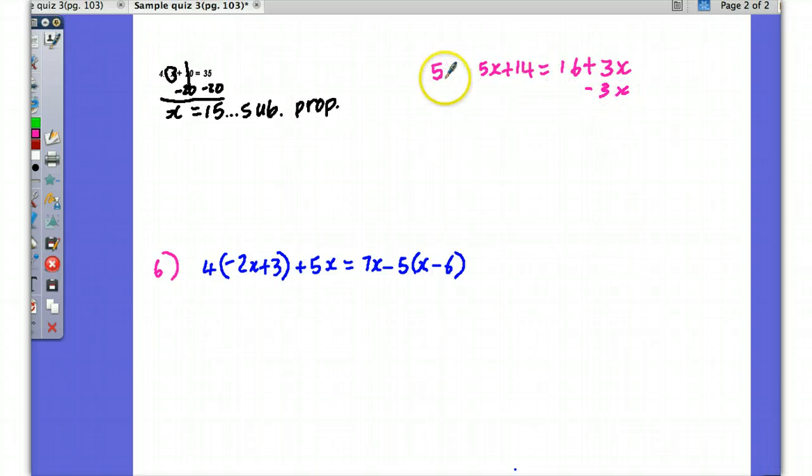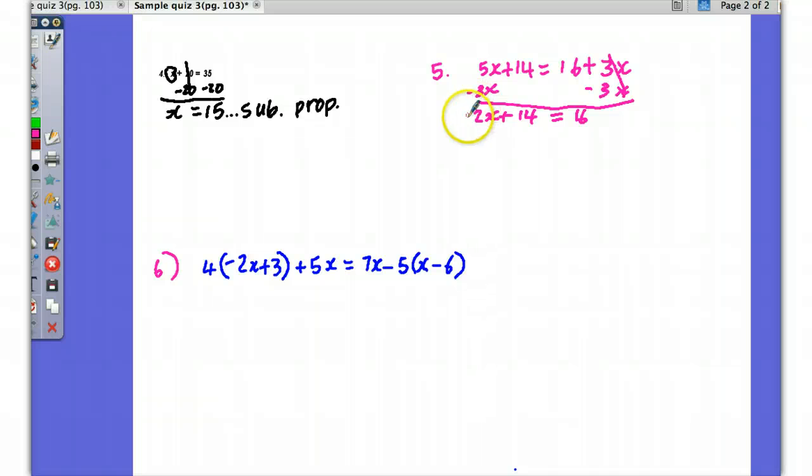But if we do it on the left, again, by the principle of justice, we have to do it on the right as well. This will be gone, and 5x take away 3x will give us 2x. We also have a 14 on the left, so we have to maintain that, equals 16. And now, having the variable on the left, we want to move the numbers to the right.